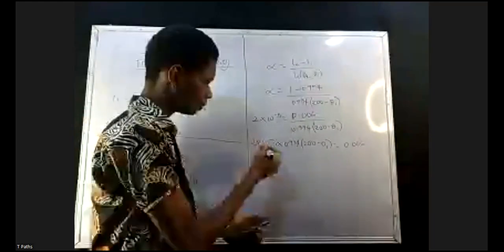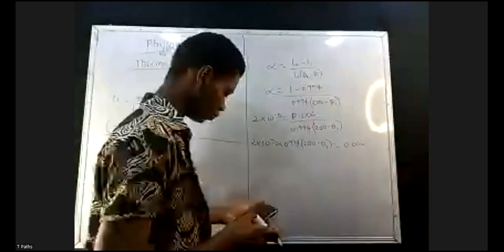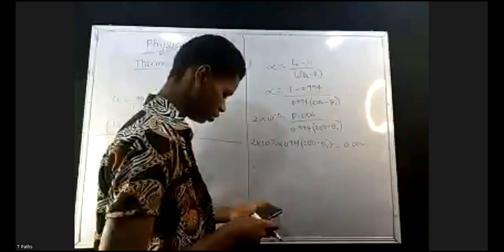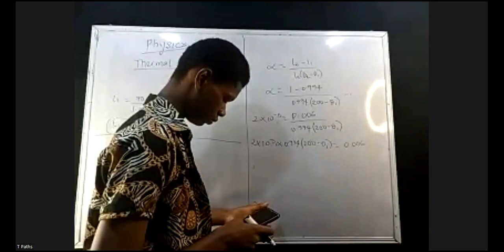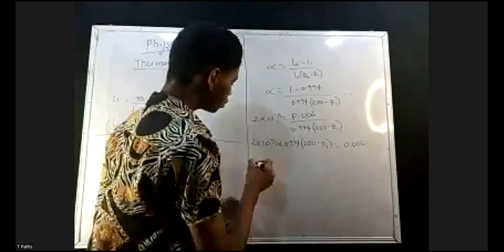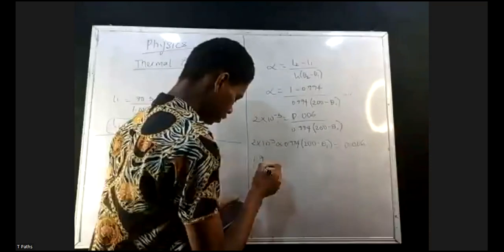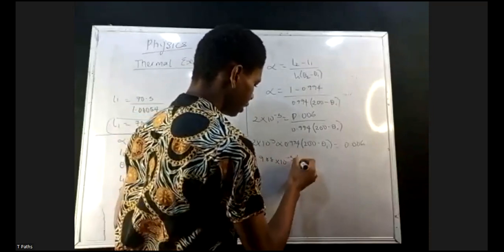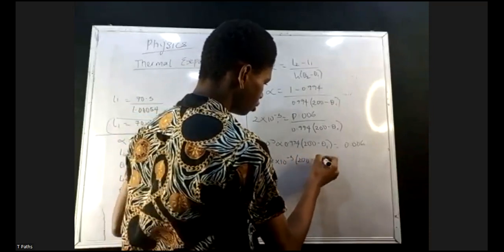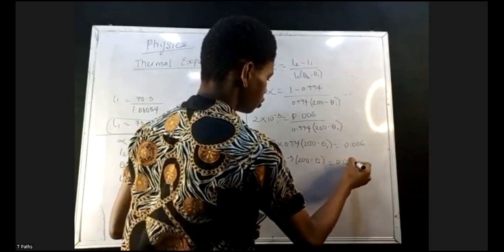Multiplying 2 by 0.994 gives me 1.988 times 10 to the power minus 5 times 200 minus theta 1 equals 0.006.